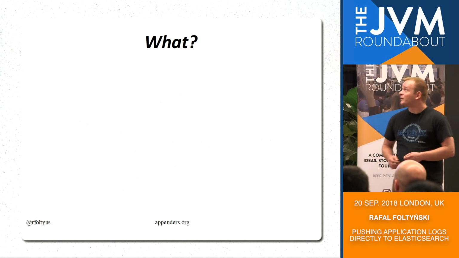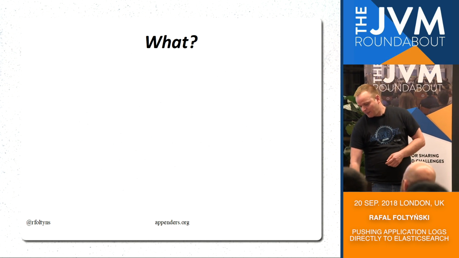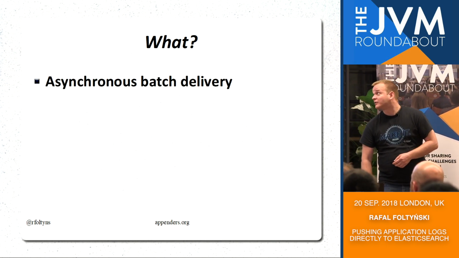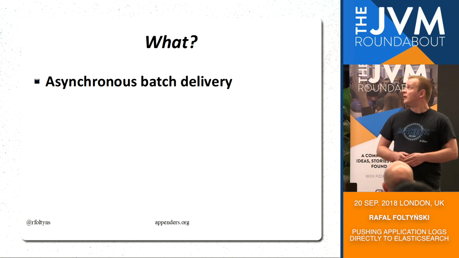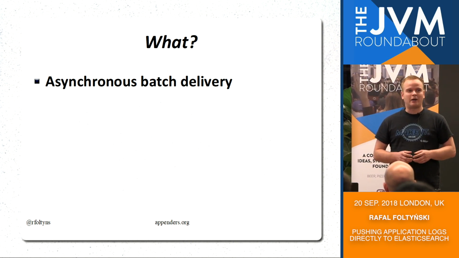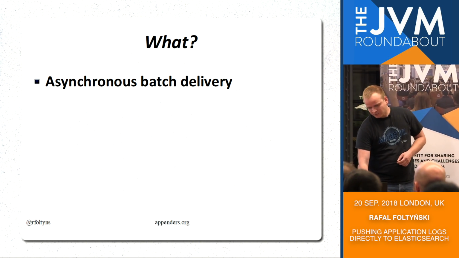If you hear about it for the first time, let me explain what it actually is. It's a Log4j appender that allows you to push your logs in batches asynchronously, every configurable interval. By default, I believe it's 1 second.